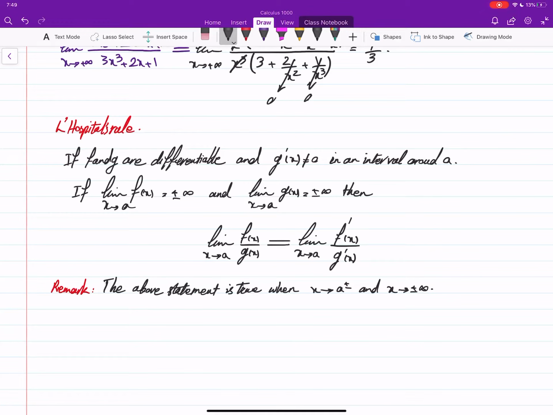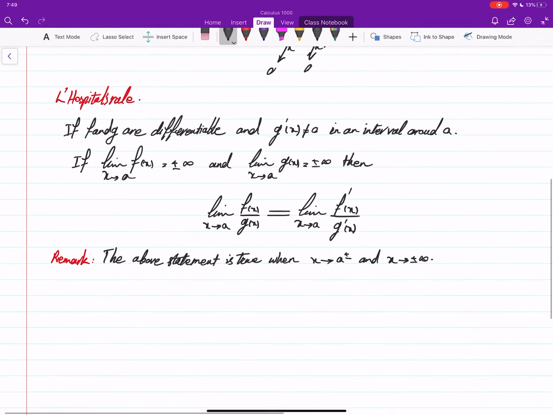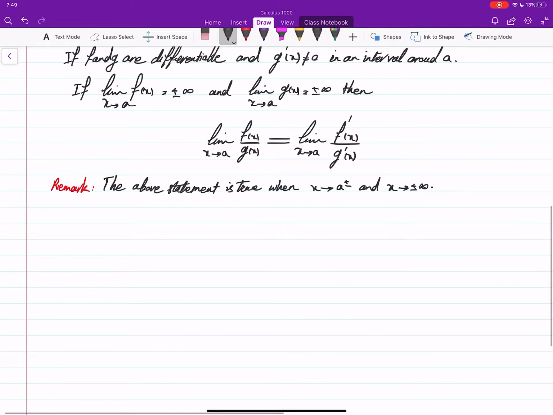So you can find the limit of indeterminate form infinity over infinity by applying L'Hopital rule. You turn it into another limit, hoping that that limit is easy to compute or can be evaluated with some tricks. Okay, so let's see some examples now.